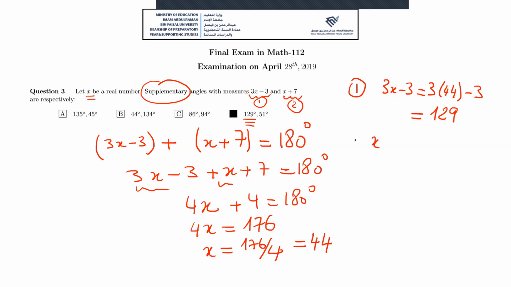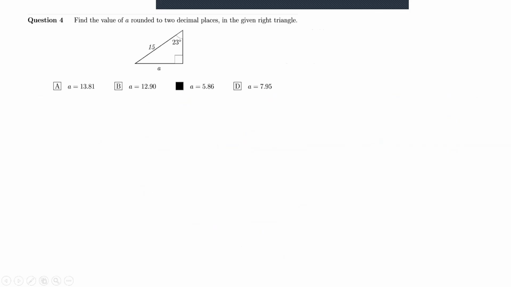The second angle, x plus 7, is 44 plus 7. This gives an angle of measure 51 degrees. So the question here is not only to find x, but to give the values of 3x minus 3 and x plus 7. We have to find x first.